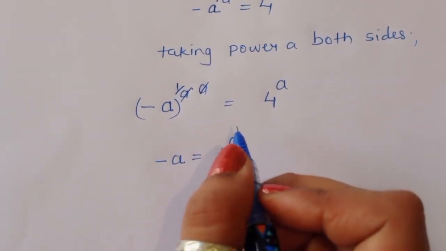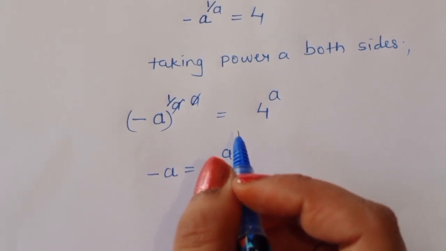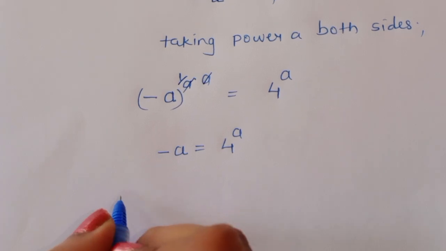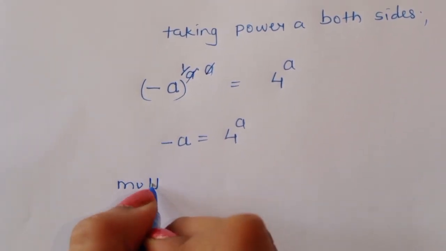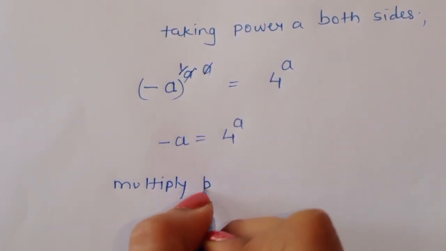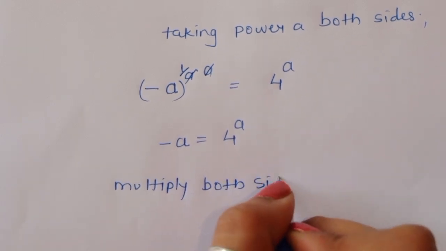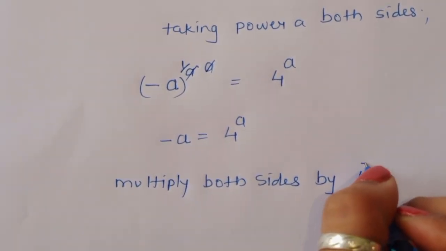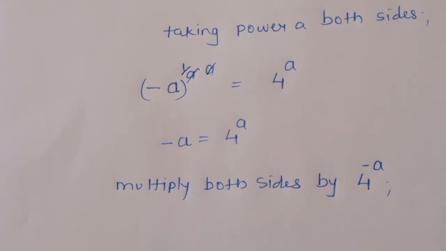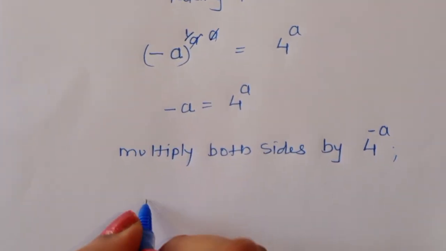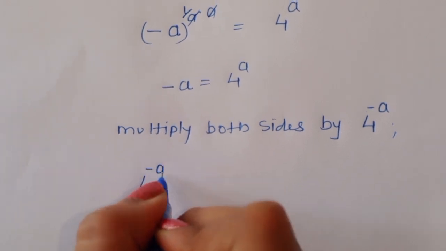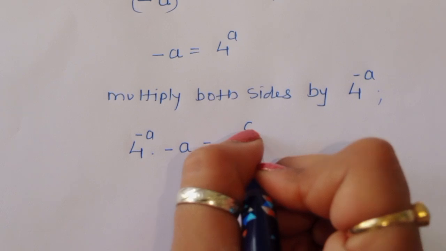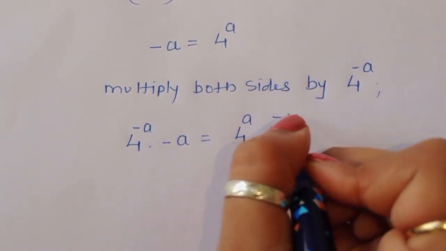Now again we have to do one thing here. We can multiply both sides by 4 to the power minus a. Then we get 4 to the power minus a times minus a is equal to 4 to the power a times 4 to the power minus a.